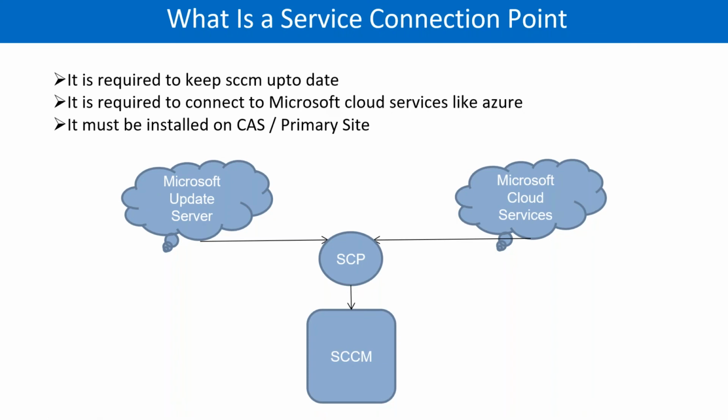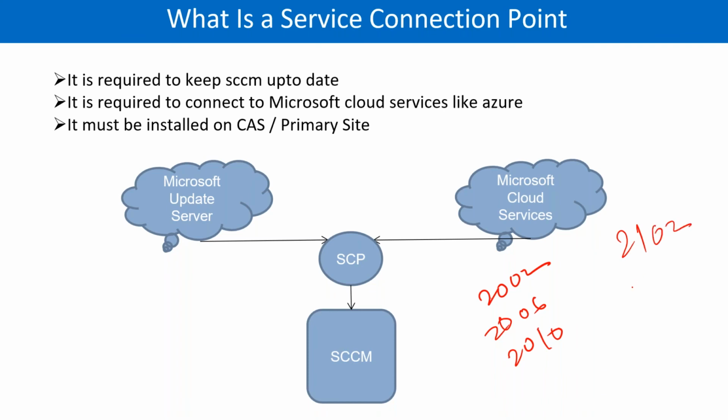Whatever updates are released by Microsoft for SCCM, only for SCCM, not general updates I'm talking about. Let's say today it is 2002, for example. Tomorrow it will be 2006, then 2010, and next year 2102.